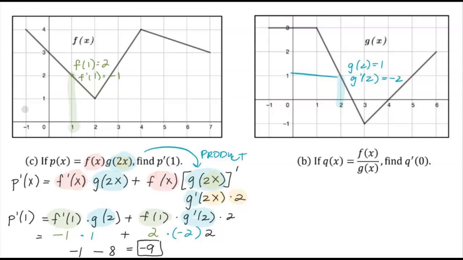So there we go. The next one, D, is just a straight quotient rule. Let's go ahead. We'll highlight them both. So as we go, we can write this out. So first thing we'd want to do is just write out our quotient rule. So low D high minus high D low.